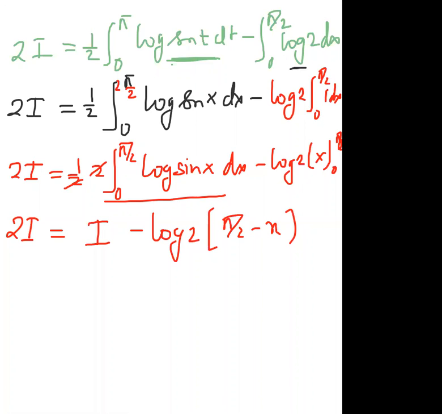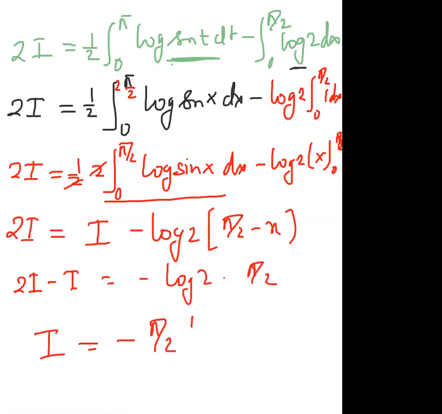I is going on the left hand side. So 2I minus I is equals to minus log 2 into pi by 2. I is equals to minus pi by 2 log 2.